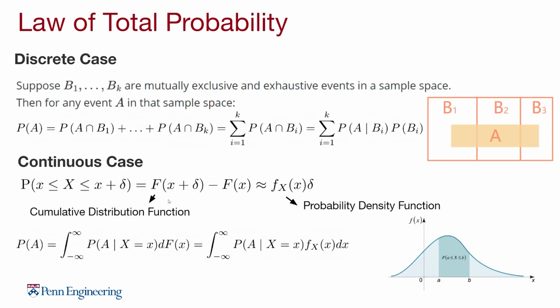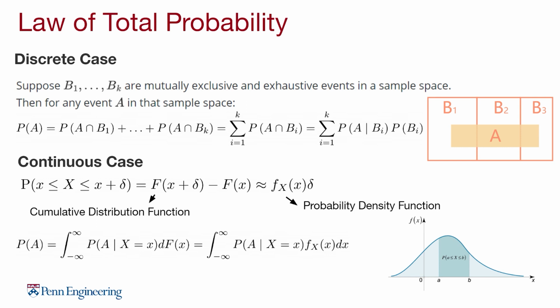Another important concept is the law of total probability. It is always easier to start with the discrete case. Let's suppose B1 through Bk are mutually exclusive and exhaustive events in a sample space. Then for any event A in the same sample space, P(A) is just the summation of all the intersections between A and B1 through Bk.